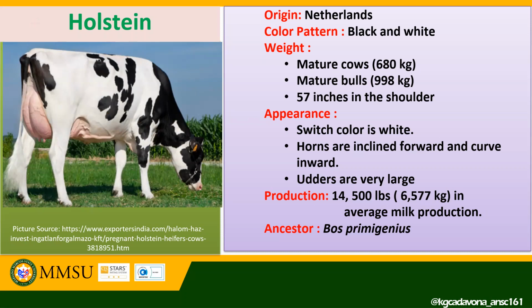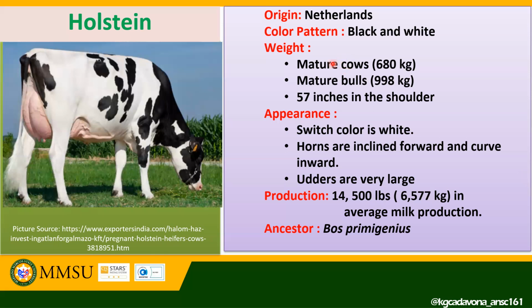However, in some books, there is an additional color: instead of black and white, it becomes red and white. In that case, a recessive gene occasionally causes the red and white color in this breed. Then as per its weight, this breed is considered to be the largest of the dairy breeds.